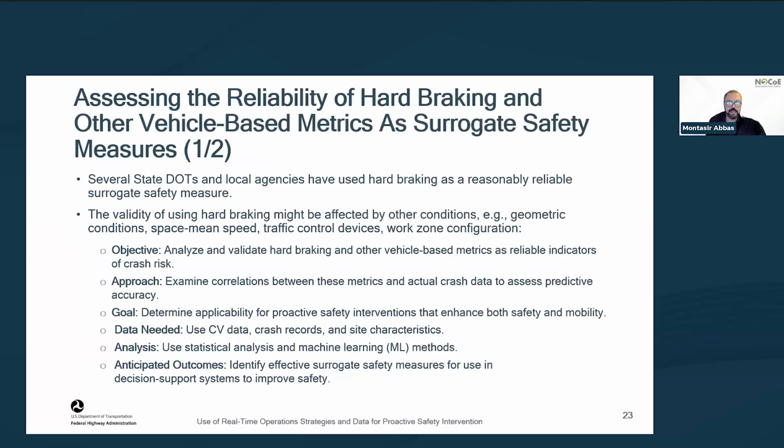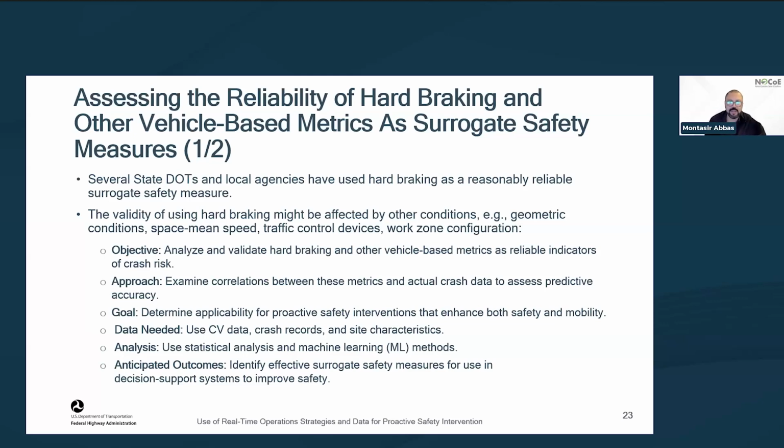And that could be an indication of a safety problem. But what we really wanted to look at is the validity of using hard braking all by itself, or whether it needs to be augmented by other things and have more rigor in the way that this could be analyzed.